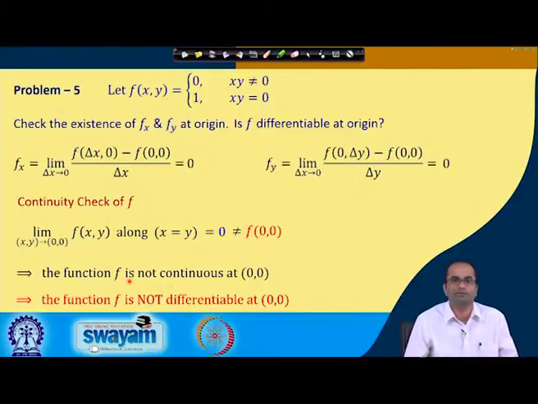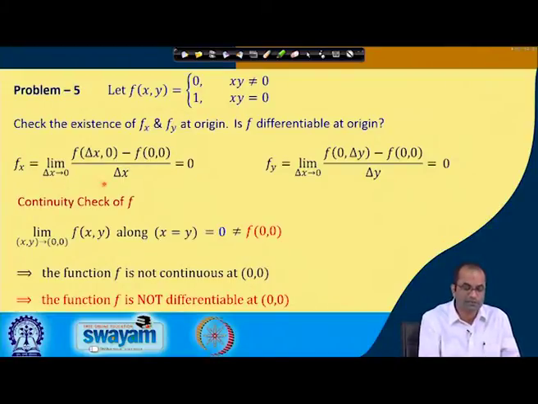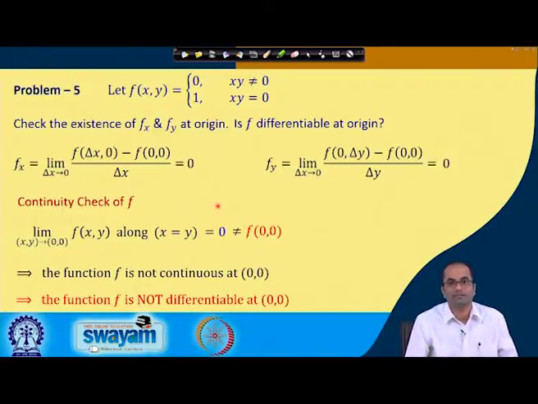We do not have to go for any other test, because the function is not continuous, though the partial derivatives exist in this case. One necessary condition is fulfilled, but continuity, also a necessary condition for differentiability, is not fulfilled here. So the function is not differentiable without any further test.